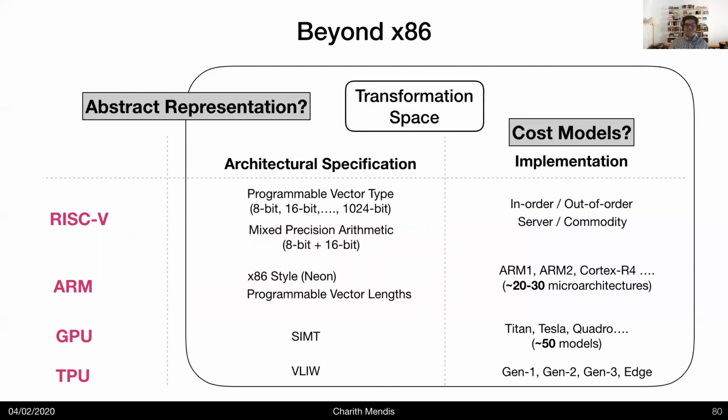For instance, can we express programmable vector types as a primitive? Or can we express branch divergence or other computational models as a primitive in this abstract representation? Also, I want to explore techniques to build cost models across hundreds of implementations of these architectural specifications.